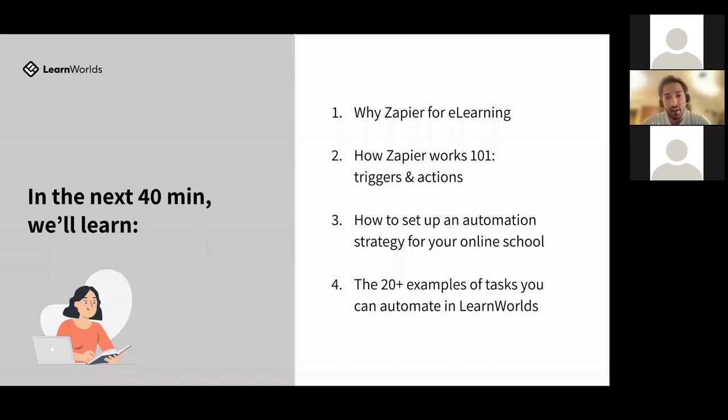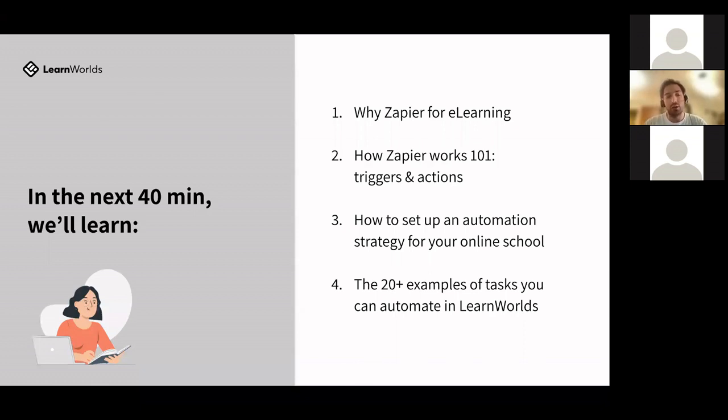So within the next 40 minutes, we're going to be discussing a lot of beautiful things about Zapier: why it's important, how it works, what Zapier is, probably for people who don't know, and how you are going to develop your own strategy to utilize Zapier, right? There always needs to be a reason to use Zapier, but if you think that you don't have any reason, we're going to find reasons today.